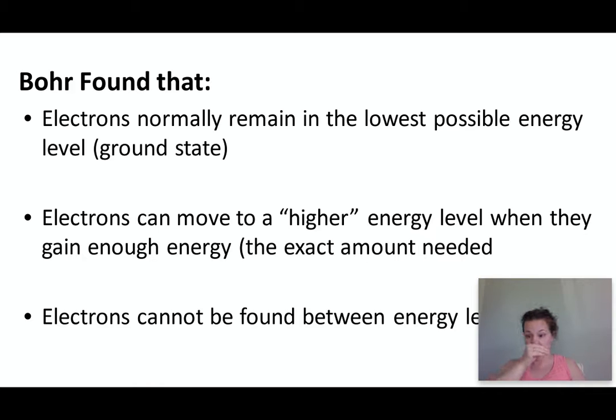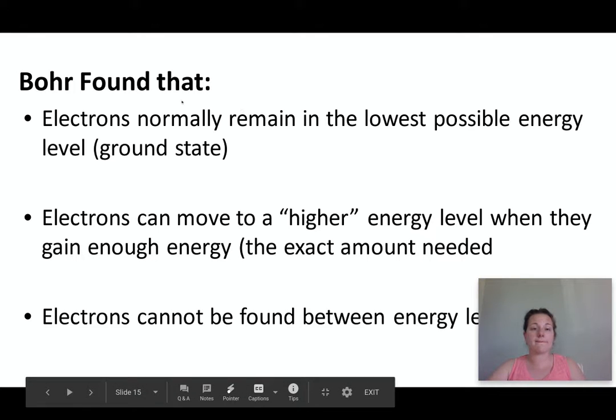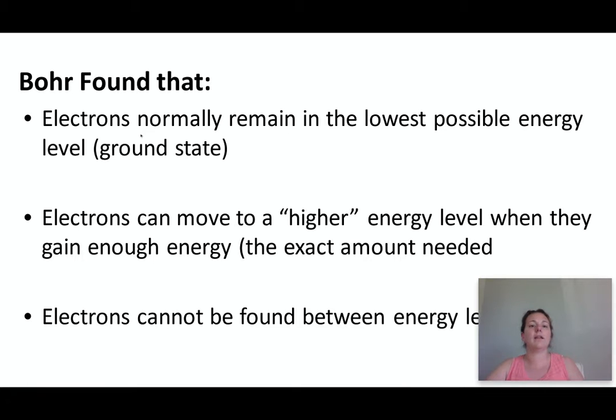So Bohr found that, and this isn't new to us, we know this already, that electrons remain in the lowest possible energy level, or ground state. Electrons can move to a higher energy level when they gain enough energy. Now, it has to be the exact amount of energy needed. They can't jump up and have extra energy.